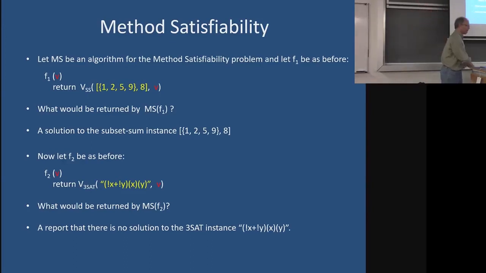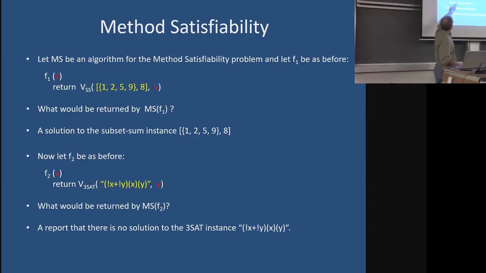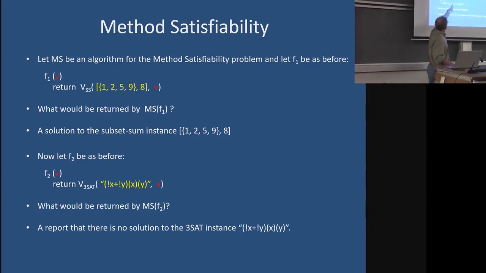It can be a simple problem, it can be a complicated problem. You just build this method where a call to the verification algorithm goes there. The instance goes here. There's your method. It's really quick to build. You pass it off to MS and it will solve the problem. You've tricked it into solving the problem for you.